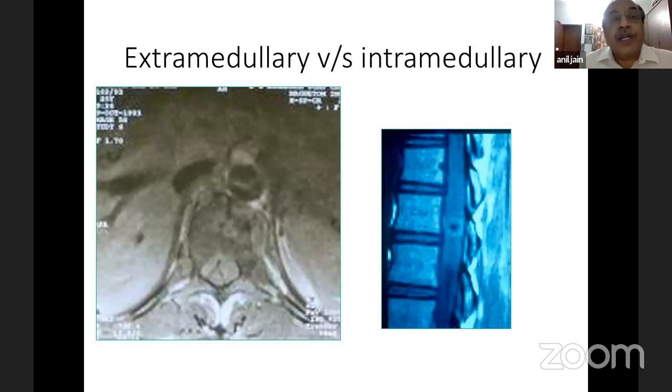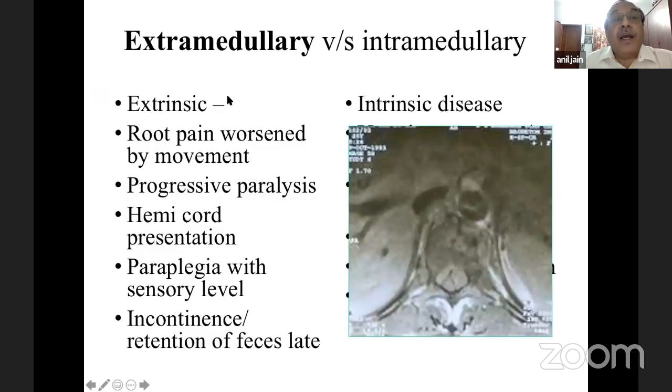Again, another question is extramedullary or intramedullary. What do we understand by extramedullary? When the spinal cord is compressed from outside, it is extramedullary compression. When the spinal cord per se is diseased, whether because of infection, tuberculosis, or tumor, then it is called an intramedullary lesion.